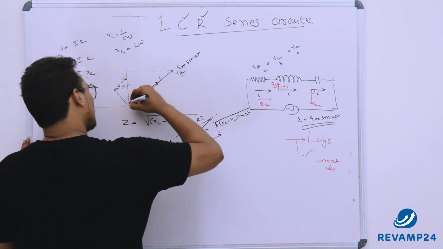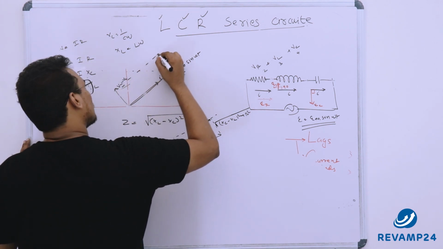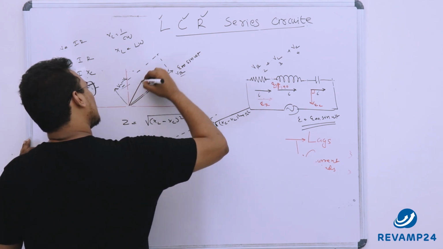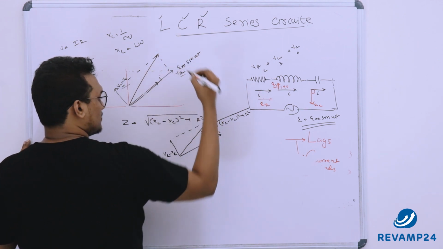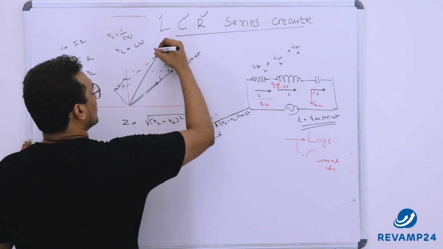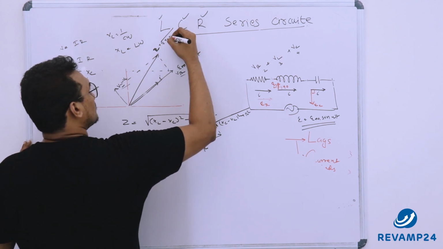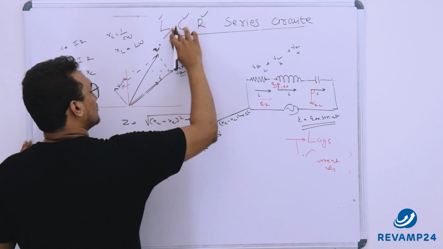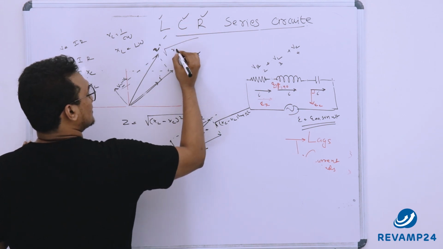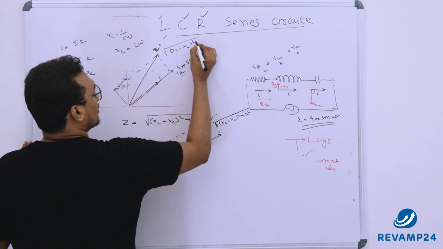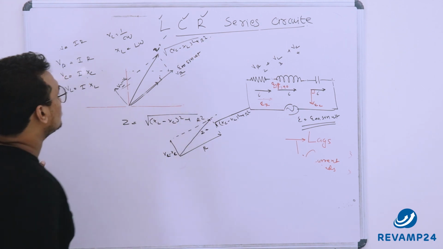Okay, so that would be in this direction, complete the parallelogram, and this is the resultant. This is Z, and the value of Z is root of XC minus XL the whole square plus R square.